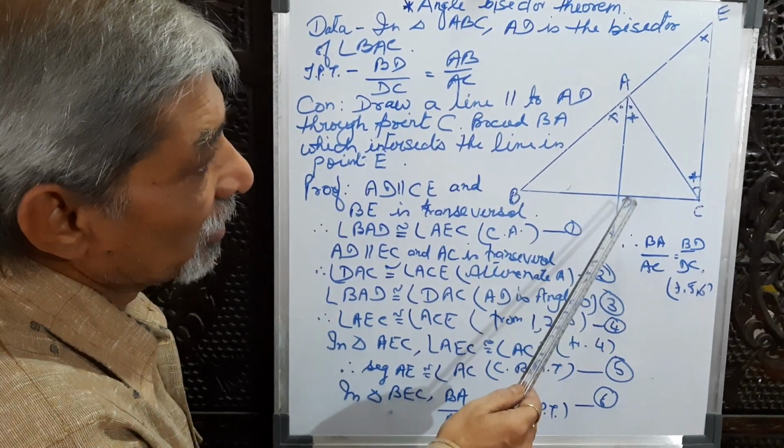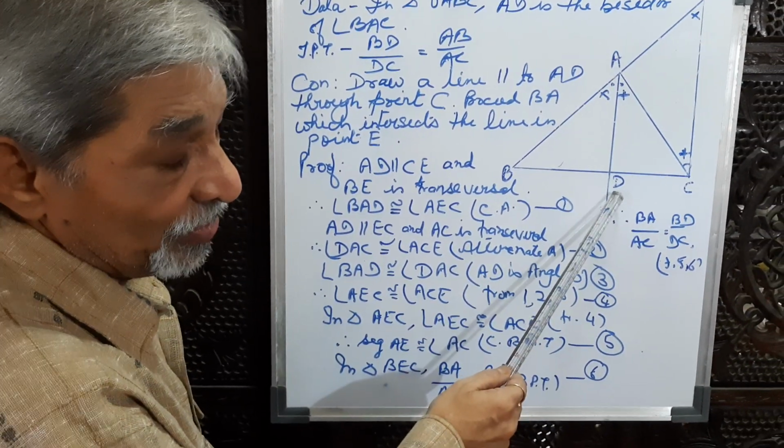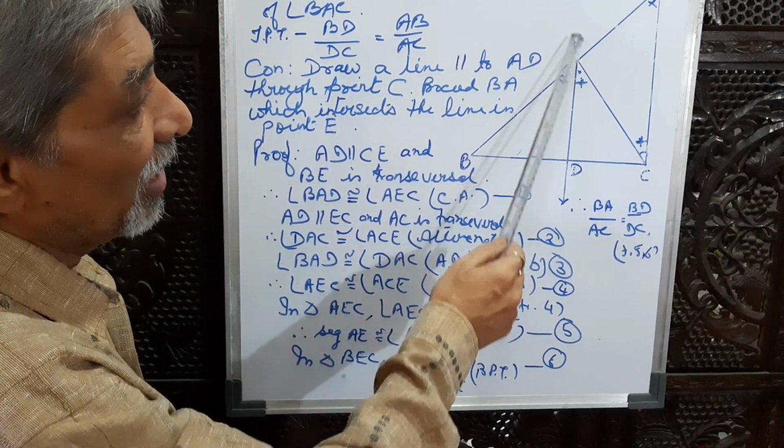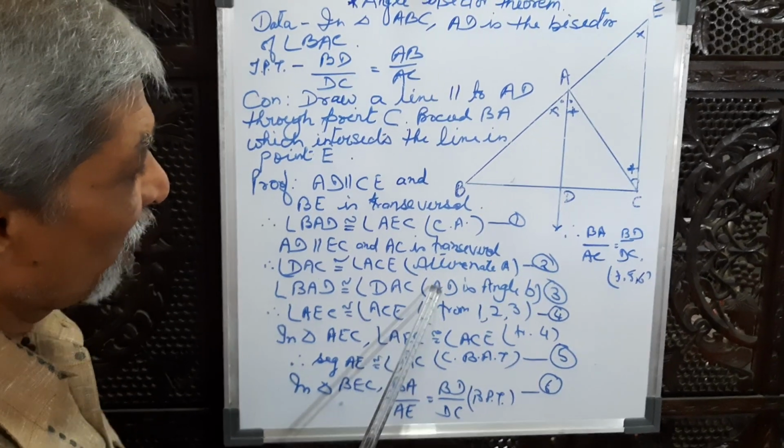Angle BAD is congruent to angle DAC. The reason is that AD is an angle bisector, which is equation number 3 here.